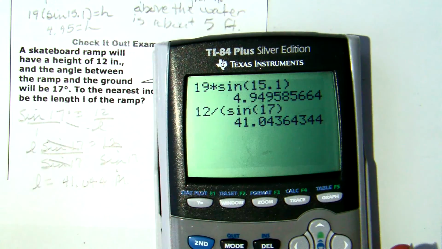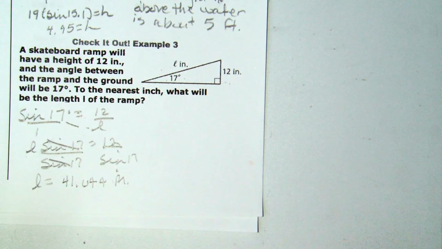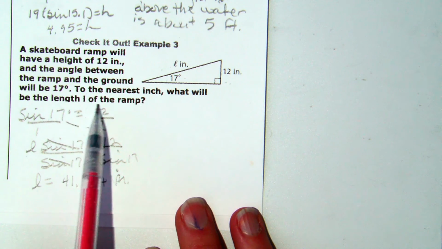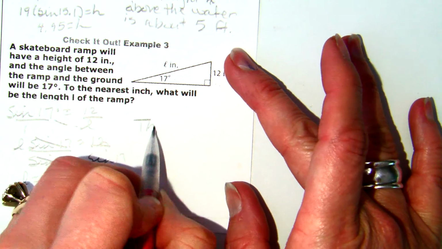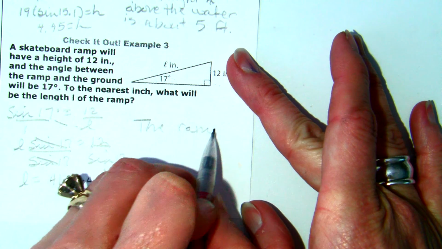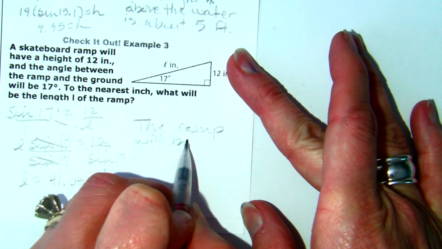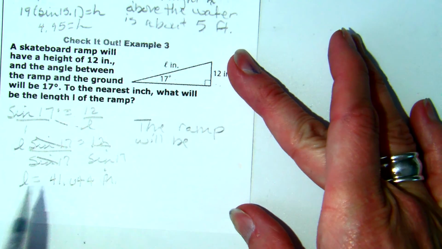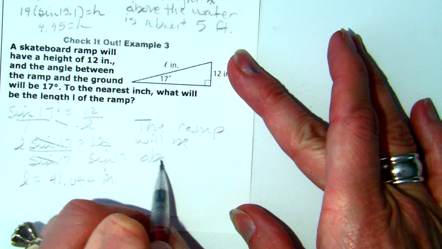And this says to the nearest inch, what will the length of the ramp be? So the ramp will be, it says to the nearest inch, so 41 inches. The ramp will be about 41 inches.